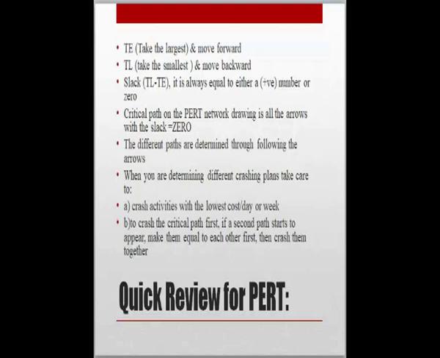Okay, the slack is calculated as TL minus TE, the latest allowable time for the event less the earliest allowable time for the same event, and it's always equal to either a positive number or 0. If you would like to find the critical path on a PERT network drawing, look at all the arrows which have a slack value equal to 0.